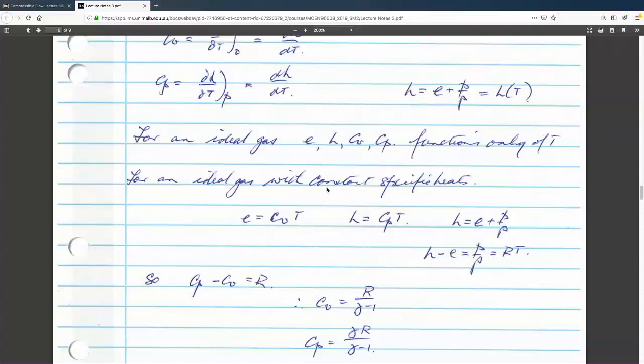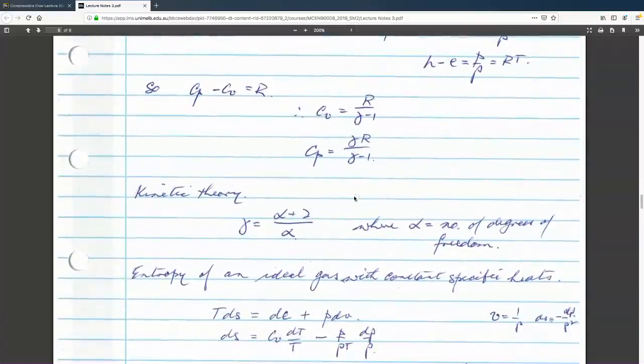I pull the Cv out and divide by gamma minus 1, and I get an expression for Cv, which is R over gamma minus 1. And because Cp is gamma times Cv by definition, Cp is gamma R over gamma minus 1. We're going to use that quite frequently. You're going to have to know it. All right. So now let's go on a bit.